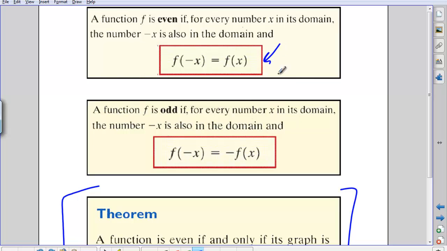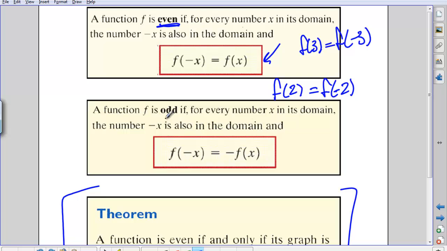So this statement right here basically means if you plug in, say, f of 2, it's always going to be the same as f of negative 2 for that particular function. Or you could say that maybe f of 3 is the same as f of negative 3. So it doesn't matter if you plug in some value or its opposite. When you plug it into the function, you get the same result. If that's the case, we call that even.